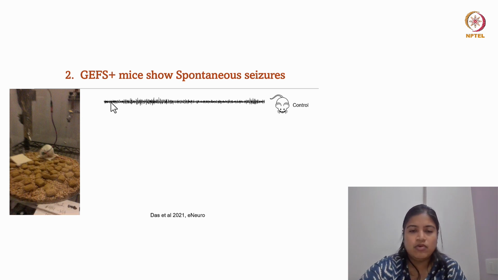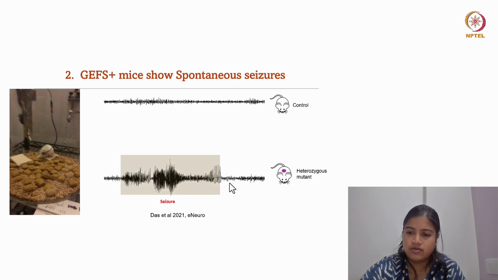So here is what an EEG pattern would look like for a control mouse which does not have any mutation. In contrast, we found that heterozygous mice have these seizure signatures in their EEG, and they were found randomly during their free movement behavior, and these were classified as spontaneous seizures.